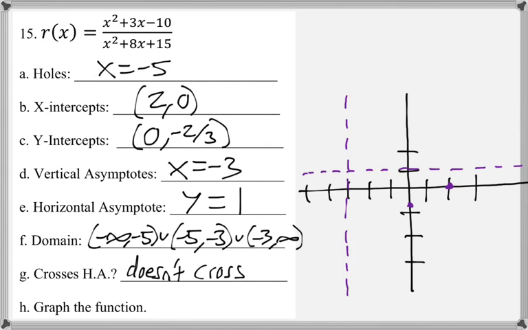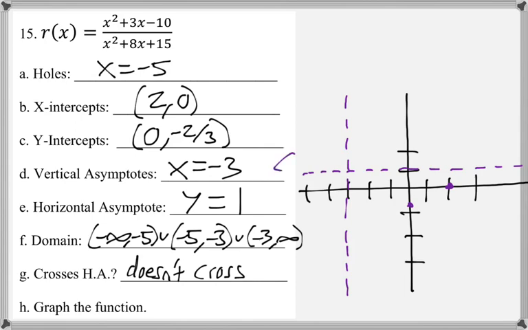So if you actually graph this on the calculator, if you kind of want to get a better idea about what it looks like, you can graph it. And again, make sure to put the parentheses around your numerator and your denominator. And if you do a zoom standard, you can kind of get a better idea about what the graph looks like.